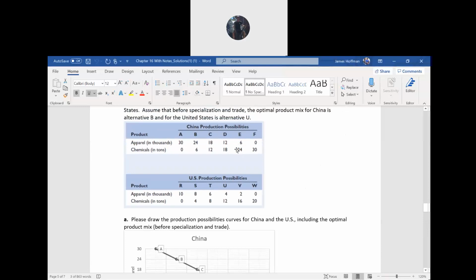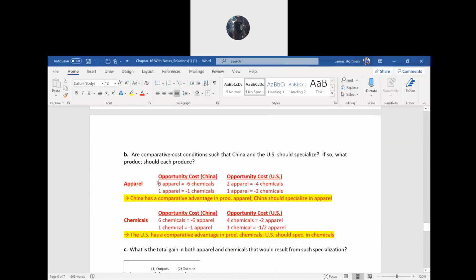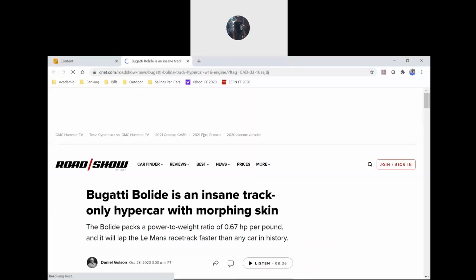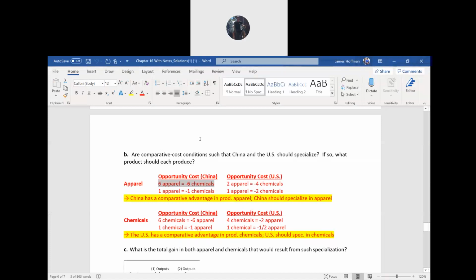So it's a plus six, minus six. So it's 1-to-1. Okay, so six apparel equals minus six chemicals, which means if you divide by six, one apparel equals minus one chemical. All right, so that's for China.